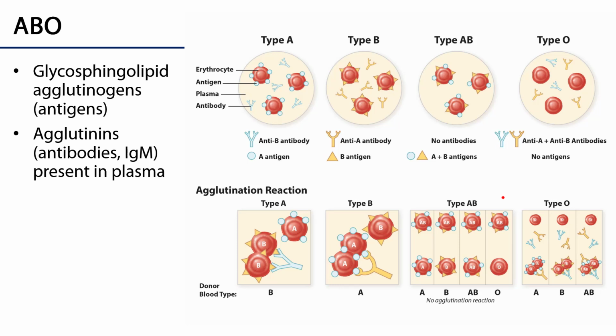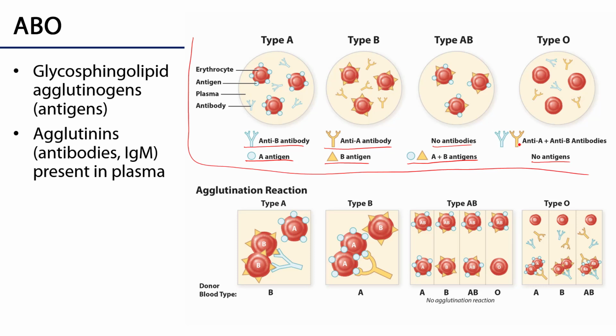So this top row is everything that we've seen already. We know how the major players work. Type A has the A antigens and anti-B antibodies. Type B blood has B antigens and anti-A antibodies. Type AB has both A and B antigens with no antibodies against A or B. Type O has no antigens, but it has both anti-A and anti-B antibodies.